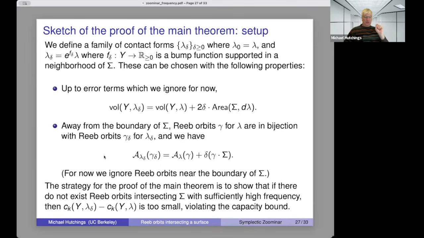But my niceness assumption assures me that before I do the perturbation, any Reeb trajectory near one of these boundary orbits stays near the boundary Reeb orbit forever. So I have a lot of control over what's going on with it. I'm still going to create a bunch of new Reeb orbits near the boundary, but you can check that they don't mess up the argument.